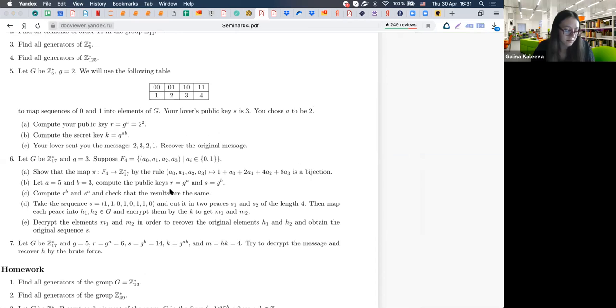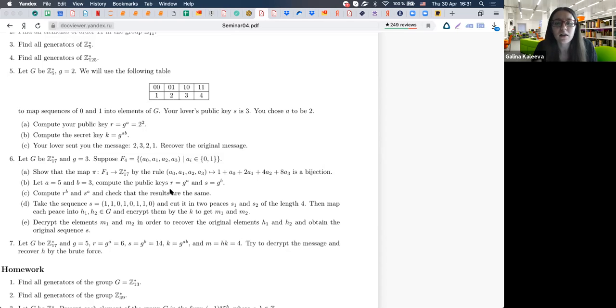So let's discuss the plan. We have some sequence, and we need to cut it into 2 pieces, S1 and S2. So 1, 1, 0, 1 is a sequence of our A0, A1, A2, A3.